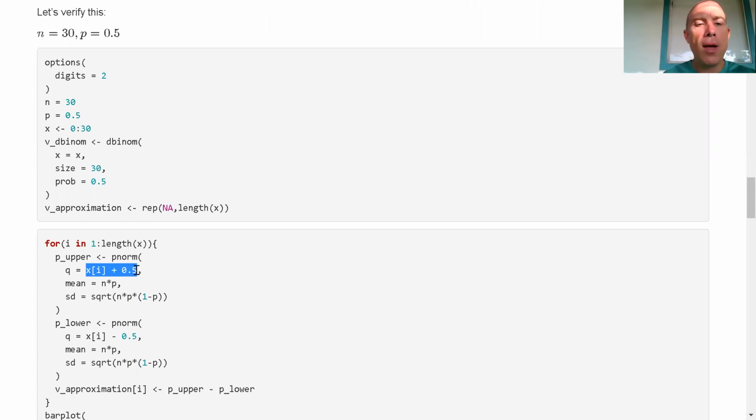I'm not quite doing it the same way I wrote it in the derivation, because I can put the mean and standard deviation right here. Remember that pnorm gives me the probability of less than or equal to a value. So to get the probability of 5, I take the probability of less than or equal to 5 plus a half, and then subtract the probability of less than or equal to 5 minus a half.